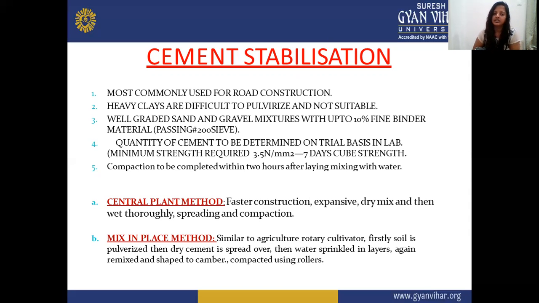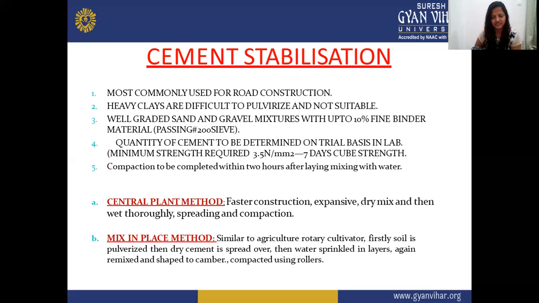Central plant method: faster construction, expensive, dry mix, then wet, thoroughly spread and compaction. So the central plant helps in faster construction.